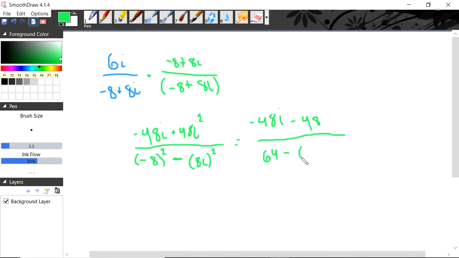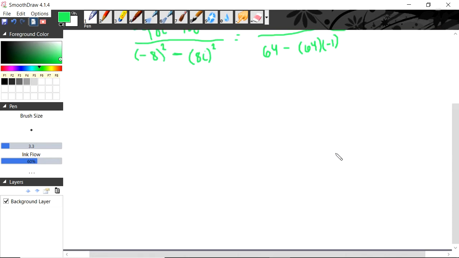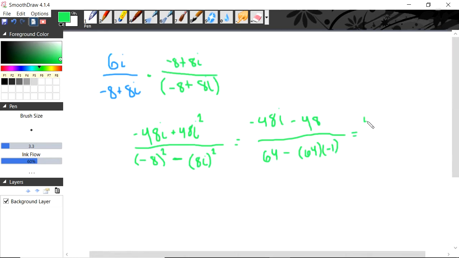And then it's 64 times i squared, which is negative 1. And we're going to continue. Right? You're going to get negative 48i minus 48 all over 128.